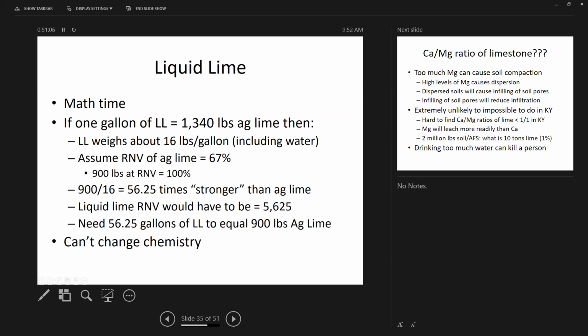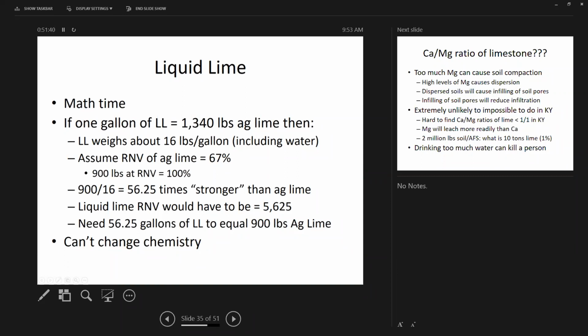So 900 divided by 16, because it's 16 pounds per gallon, means this has to be 56 times stronger than the ag lime for 1 gallon to equal that. So the liquid lime's R&V would have to be 5,625. And I assumed all of this 16 pounds was lime. Actually, only half of it is, so it would be more like 11,000.